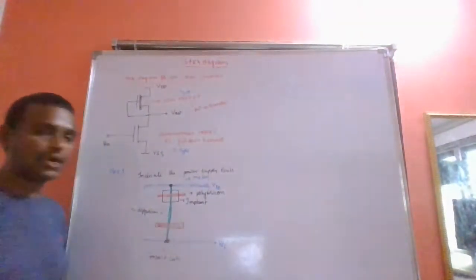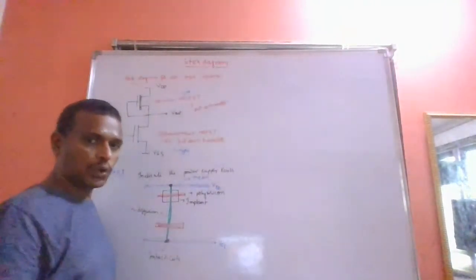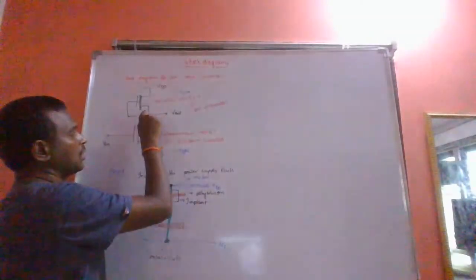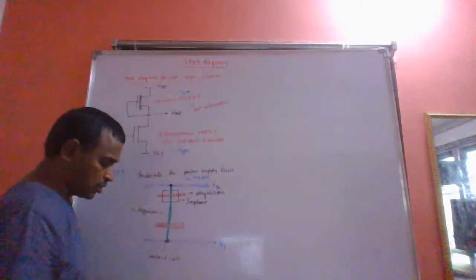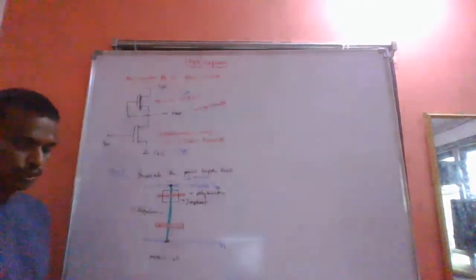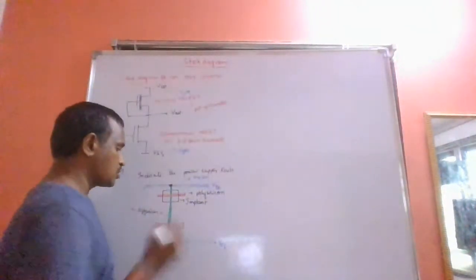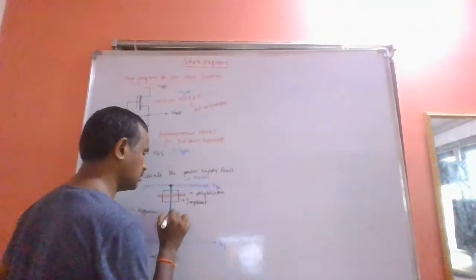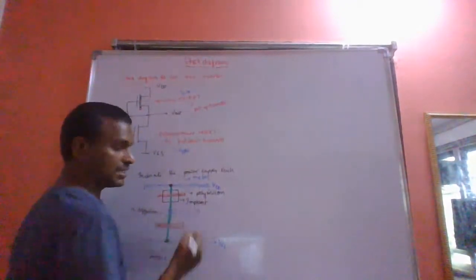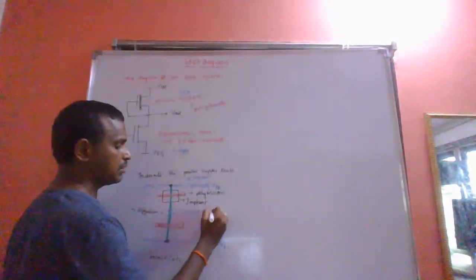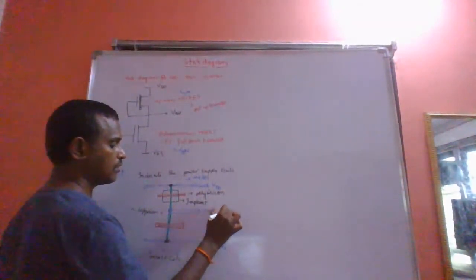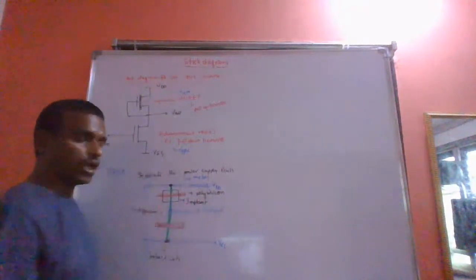Okay. Now where are we going to take the input and output? The output will be considered at this point. Here you can observe that the output will be taken at this point, and I am taking that output also with metal. Metal is blue. So here I will place the contact cut, and I will consider this one as the metal output.